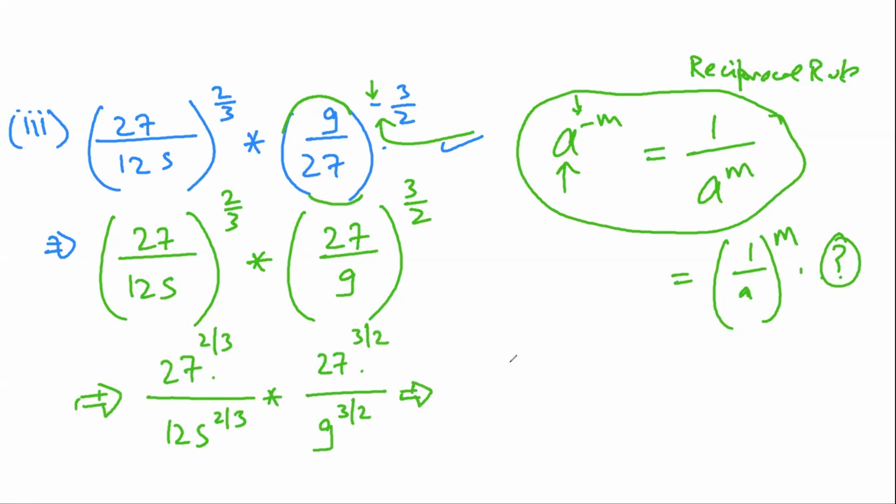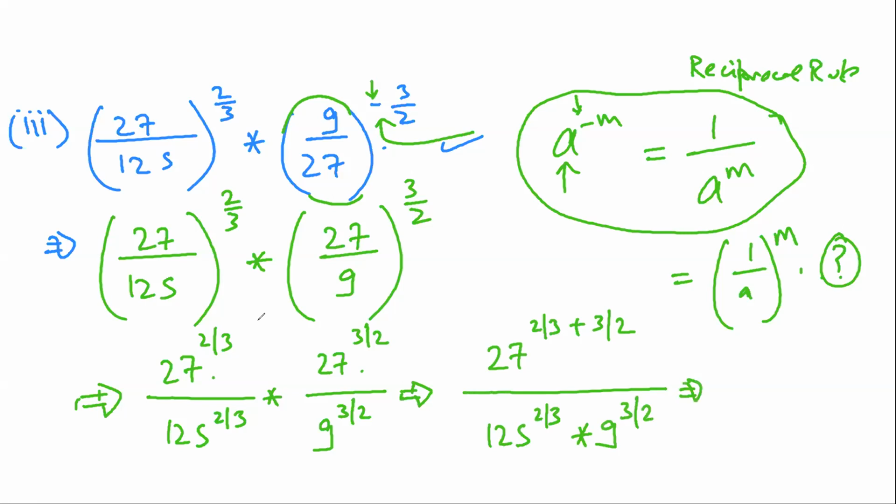Now, in the numerator, I can write this as 27 raised to power (2 by 3 plus 3 by 2) whole, upon 125 raised to power 2 by 3 into 9 raised to power 3 by 2.